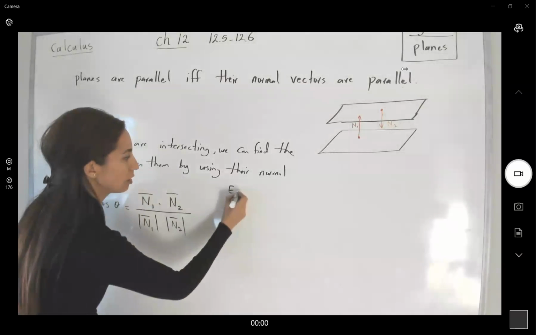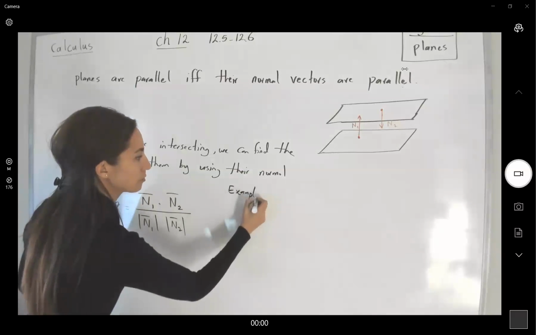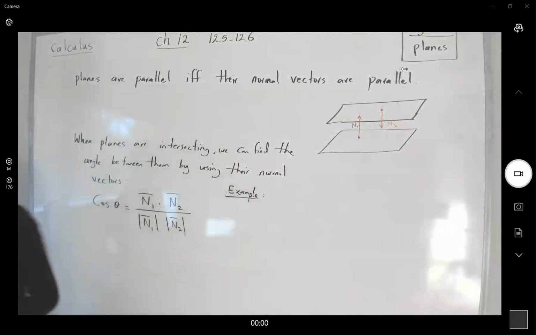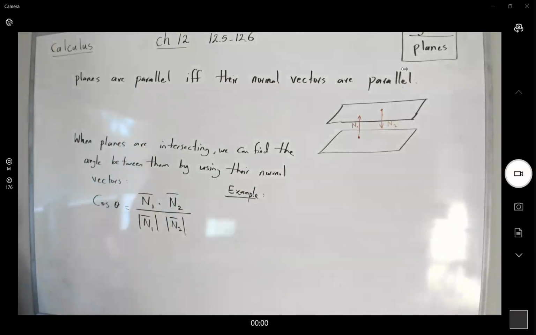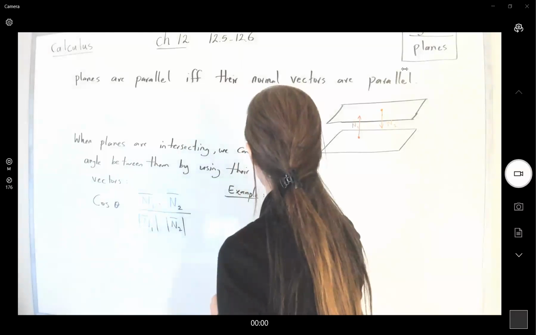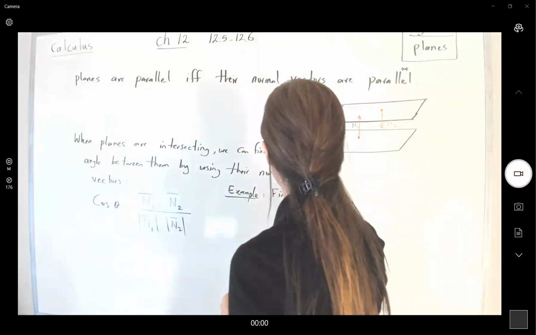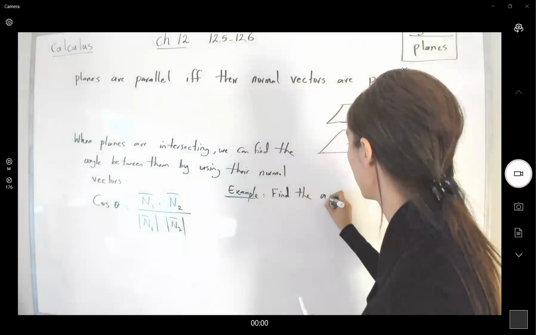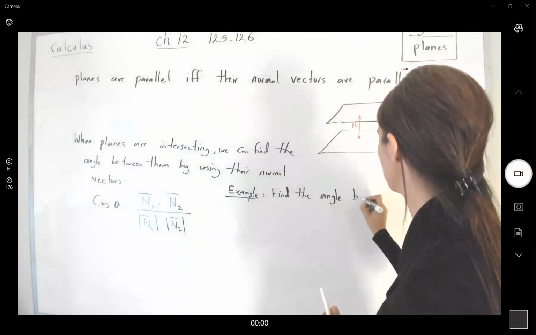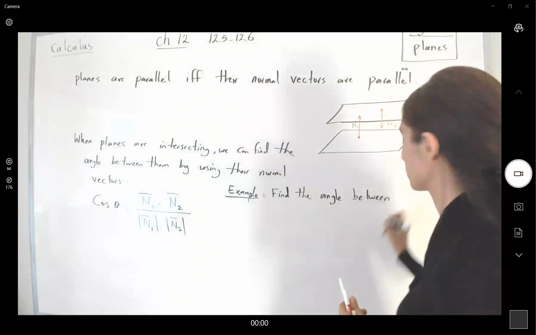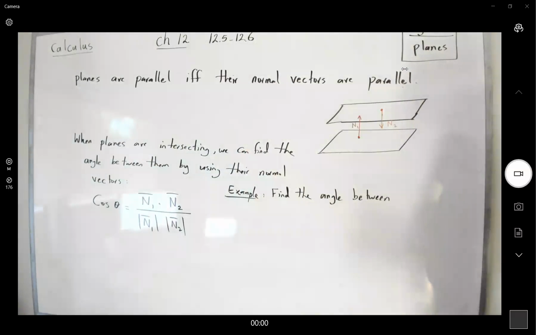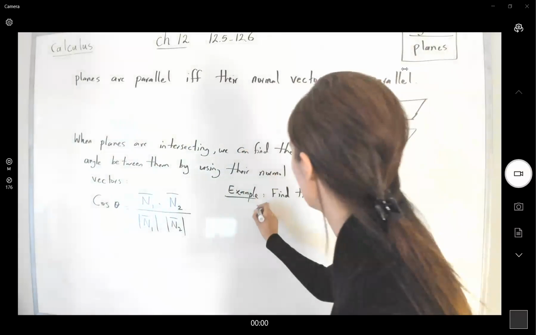For example, suppose you have two planes, and you're interested in finding the angle between these two planes. The very first one is x plus y plus z equals 1.